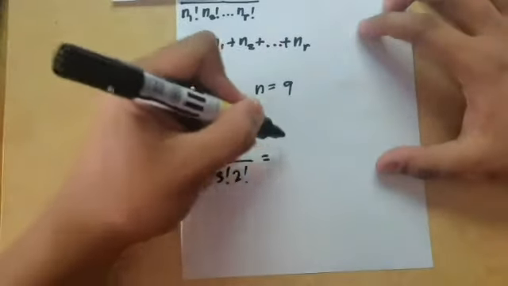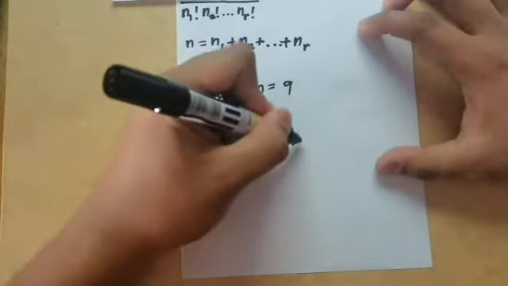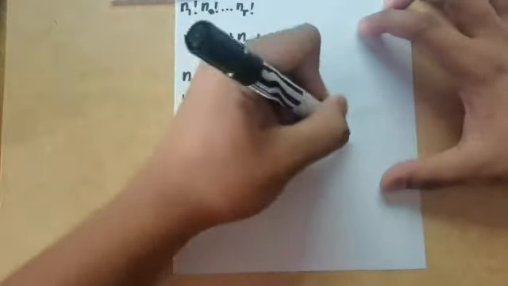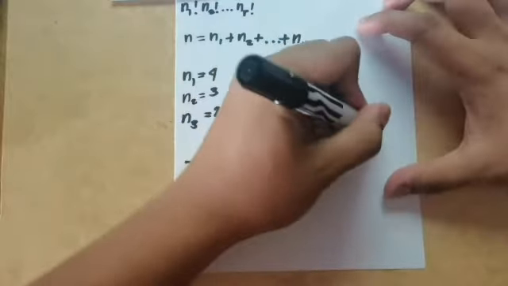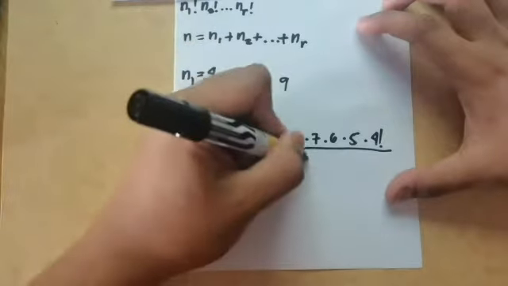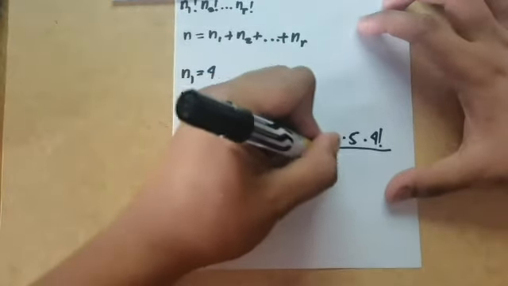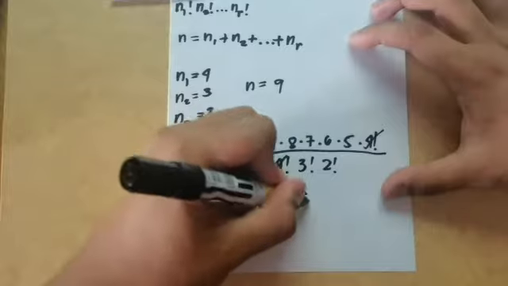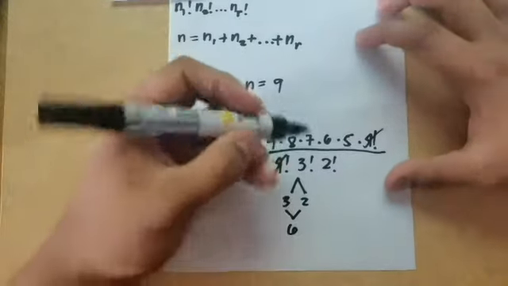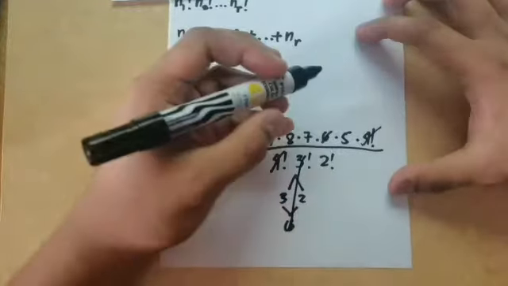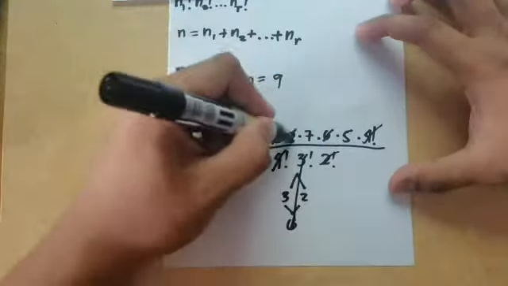This will be 9 times 8 times 7 times 6 times 5 times 4 factorial over 4 factorial, 3 factorial, and 2 factorial. You can cancel this, and 3 factorial is just 3 times 2, which is 6. You can cancel this, and 2 factorial is just 2, so we can cancel this with this.